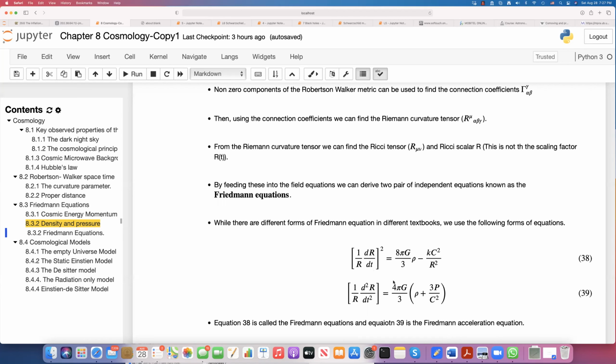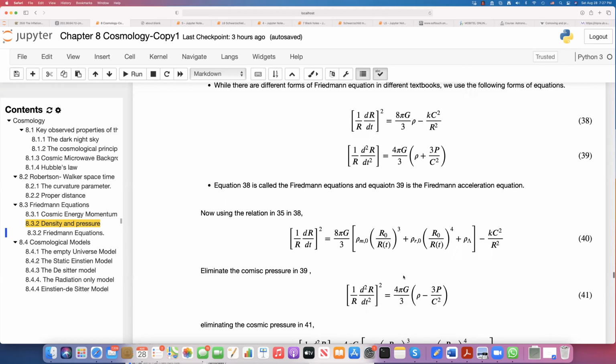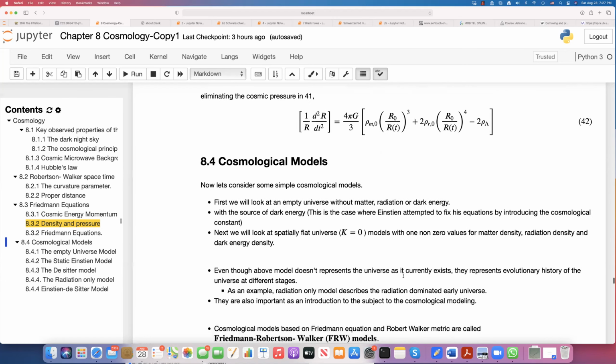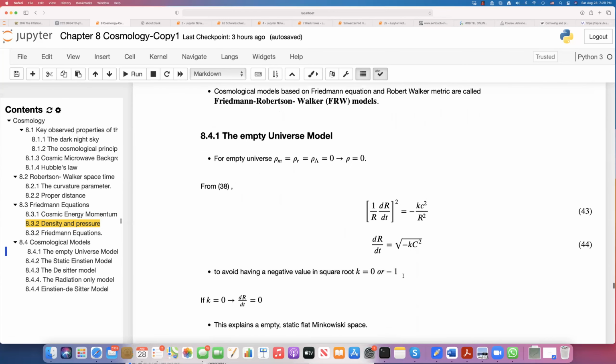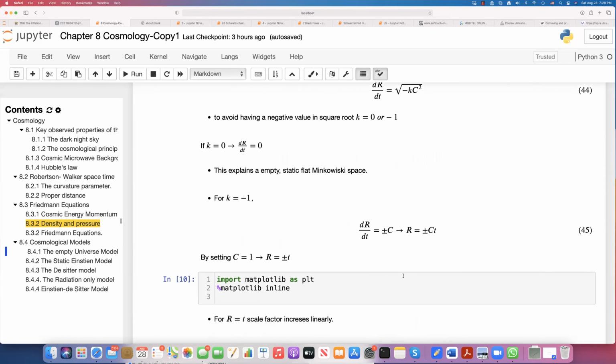I'm going to discuss those two equations on the next day, and the different models that we can talk about, depending on different values. Some of these models will not be realistic, and you can't even think about having a model like that right now. But I just want to give you an idea how astronomers build these models, and how to look at those things in the simplest way.